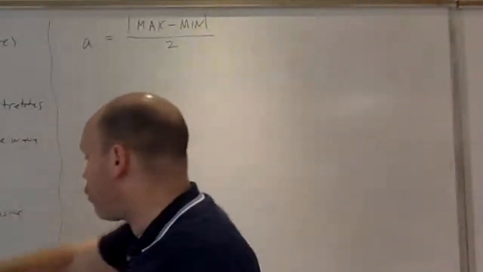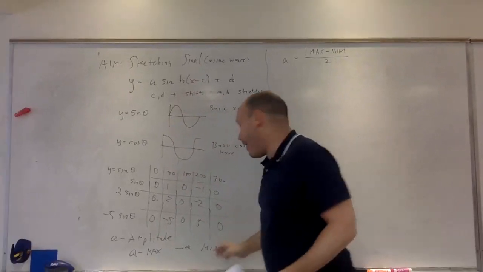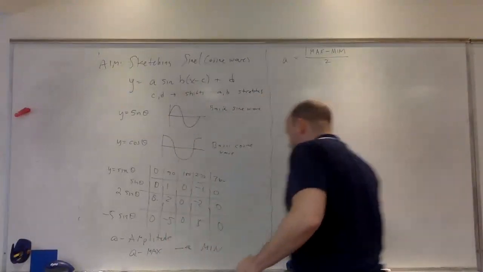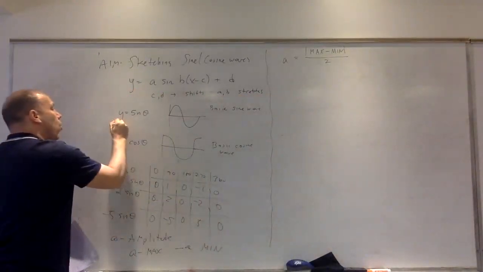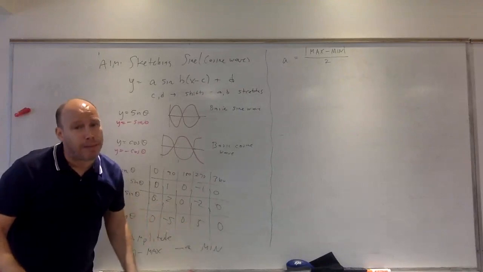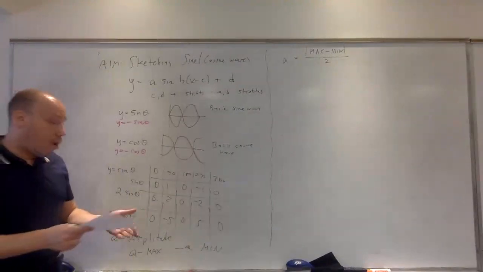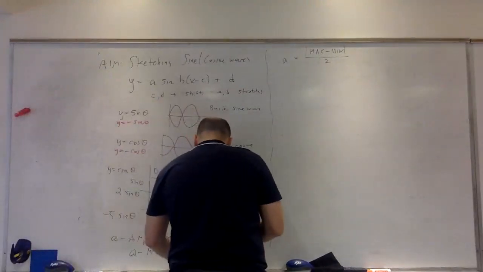The negative is just the reflection. I could write here that y of negative sine of theta is simply this, and y of negative cosine of theta is simply this. So the negative is for this. The amplitude deals with the distance between the maximum and the minimum. Okay, let's move on.